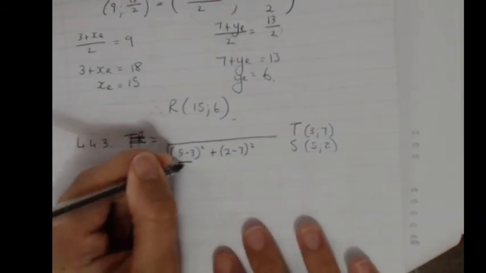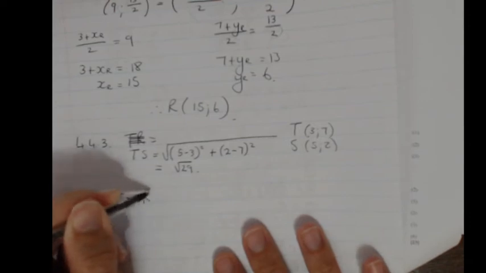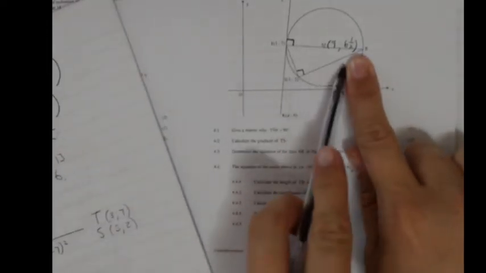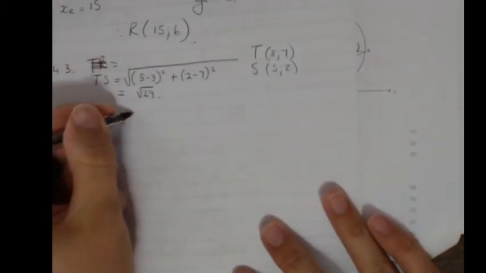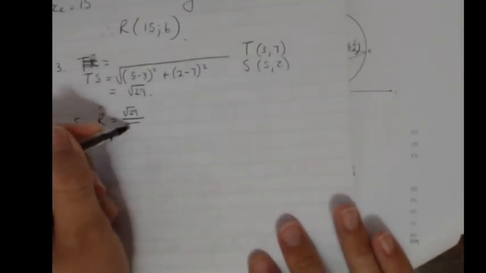Okay, so root 29, and then sine R is going to be opposite, TS, which is root 29, over hypotenuse TR, which is root 145.